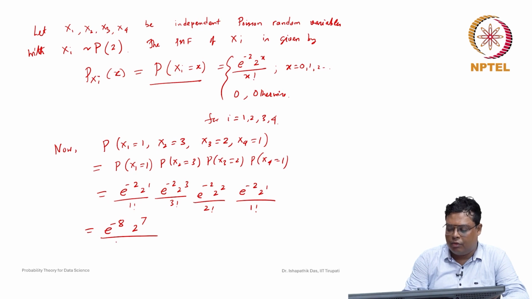So 6 times 2 is 12, which is 3 times 2 squared. Then we can write e to the power of minus 8 times 2 to the power of 5 by 3. Simplified, this is 32 by 3 e to the power of minus 8.